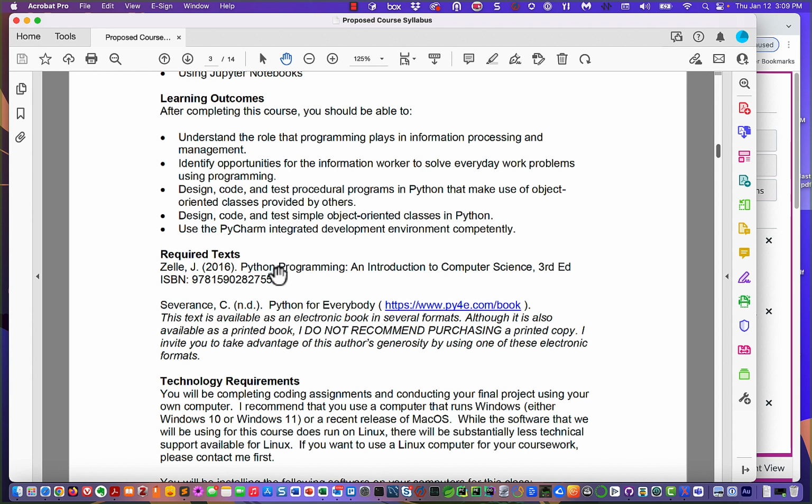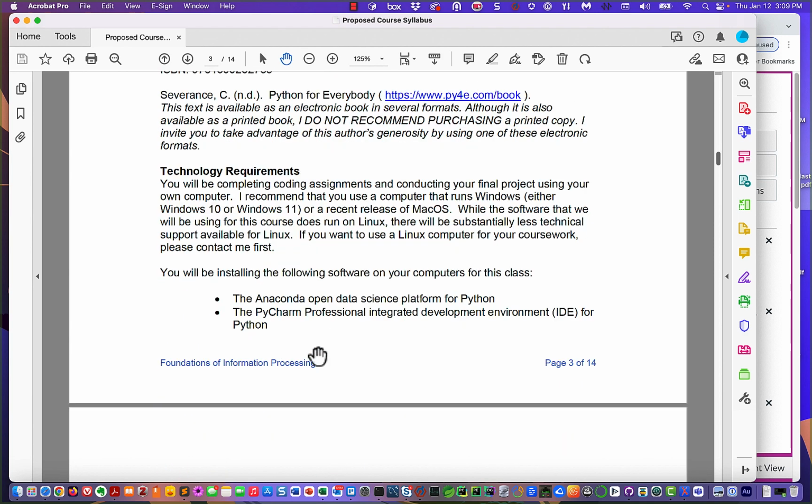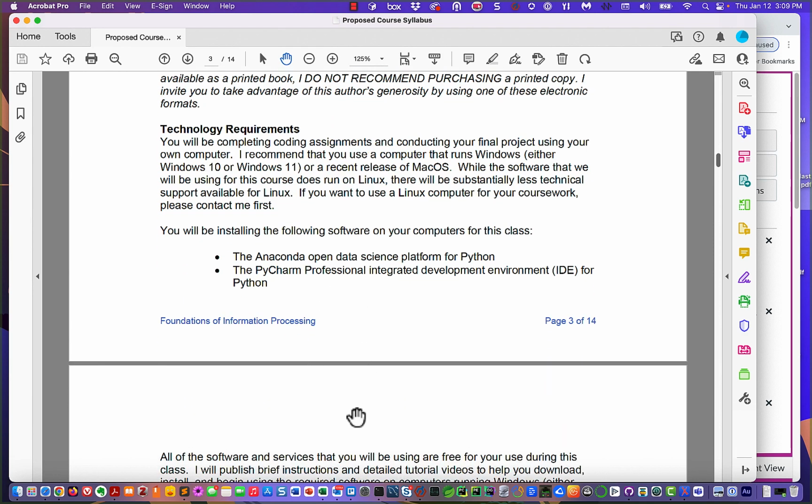Most of our work is going to be done in the Zell book, but some of our secondary readings are optional readings, and two of the primary ones are in the Severance book. In terms of technology requirements, you're going to be doing all your work on your own PC. Most people use a laptop that uses either Windows or Mac OS. Windows 10 or 11 works fine.